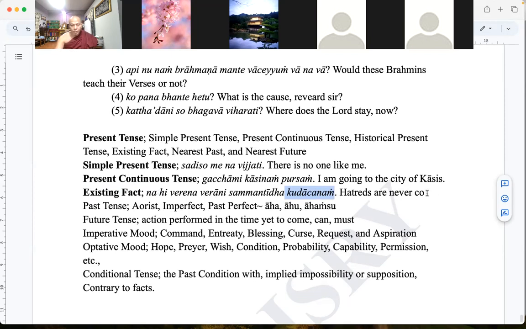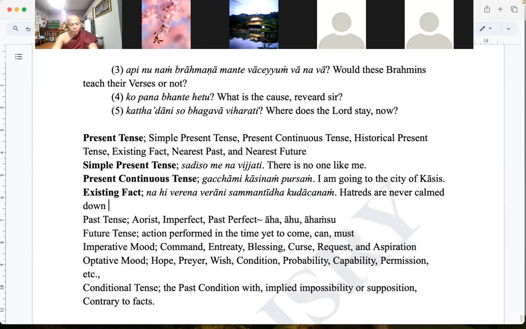So hatreds are never calmed by returning hatred. "Verena" is by returning hatred.